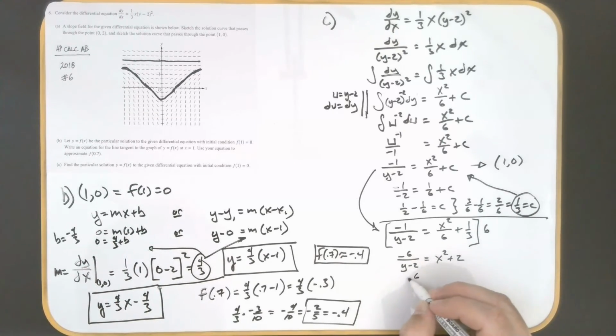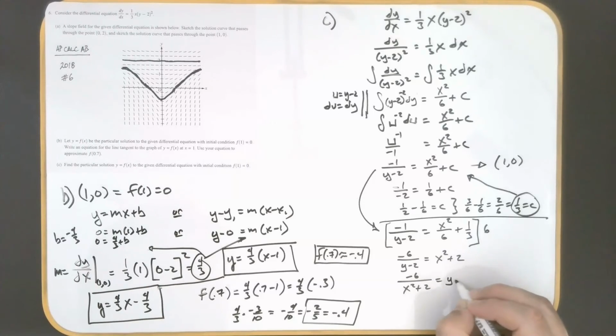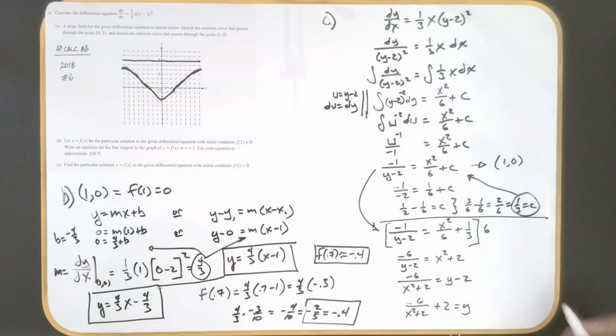And so this turns into negative 6 over x squared plus 2 is equal to y minus 2. And the final step is just to add the 2 over. And so we get negative 6 over x squared plus 2, and then plus 2 is equal to y.